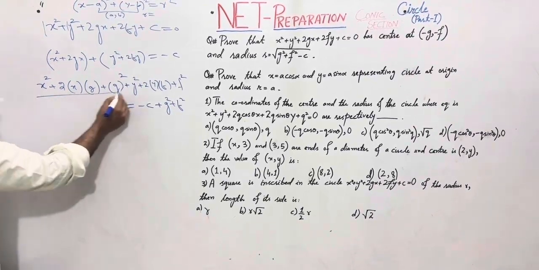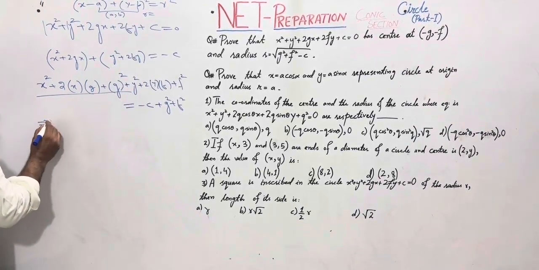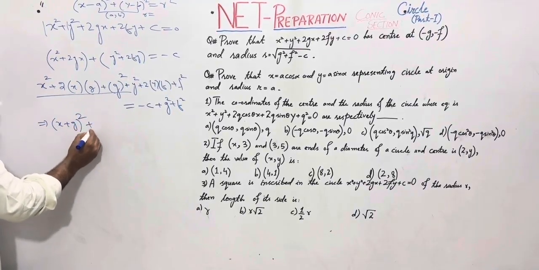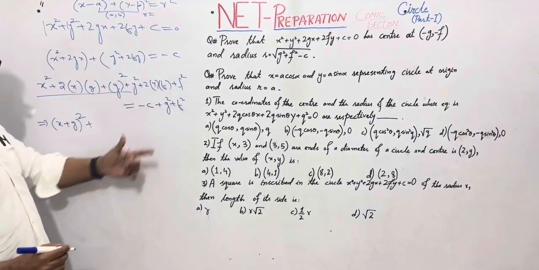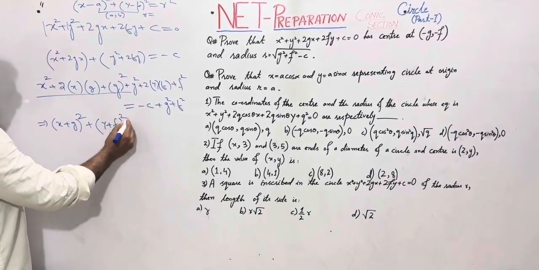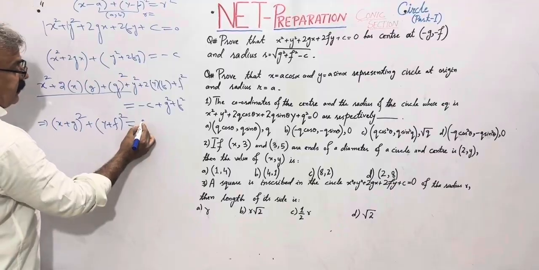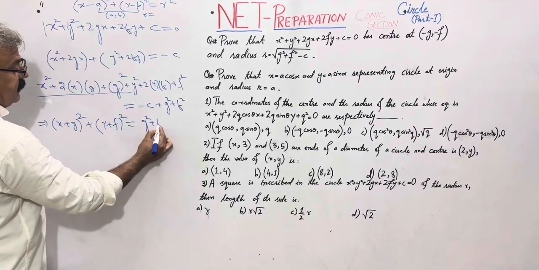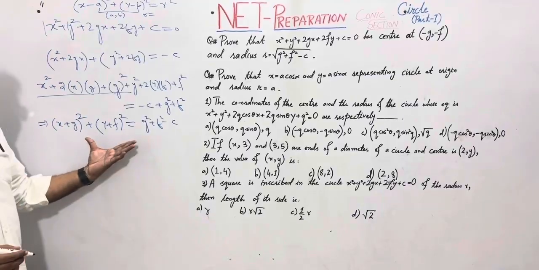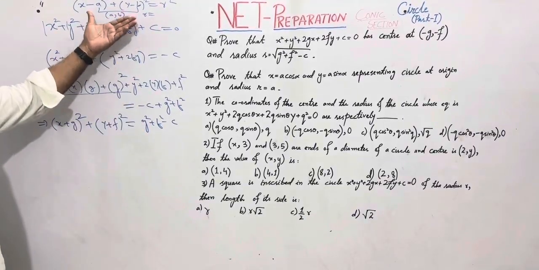Now look at this, it is a perfect square: (x plus g) whole square. What about this? It will be (y plus f) whole square. Here, if I write positive terms first, g square plus f square minus c. We have almost transformed this equation into the standard form.